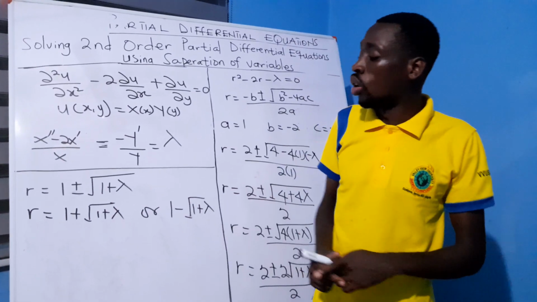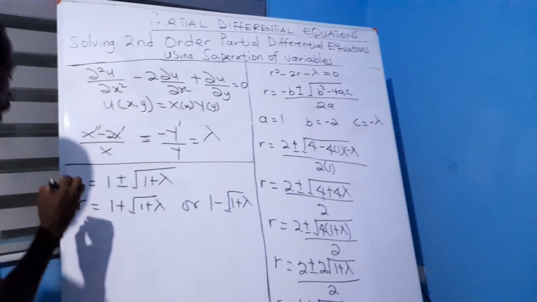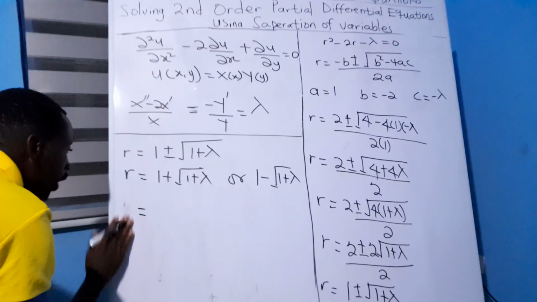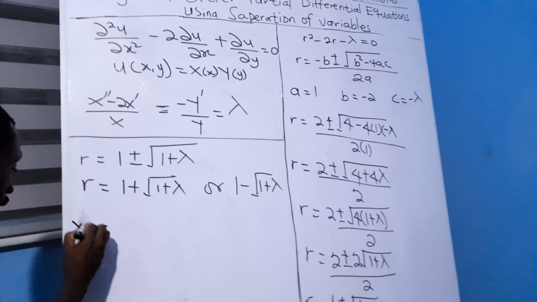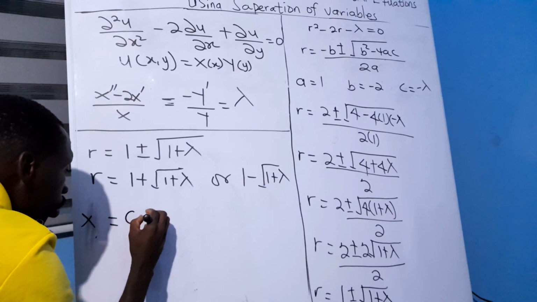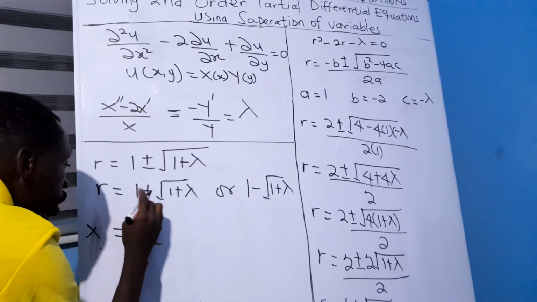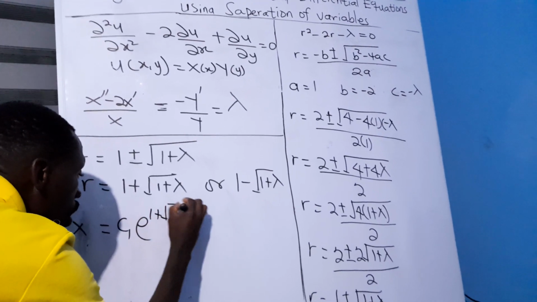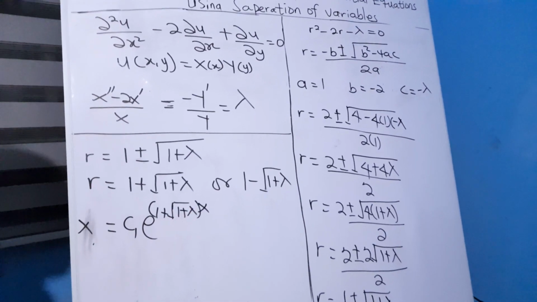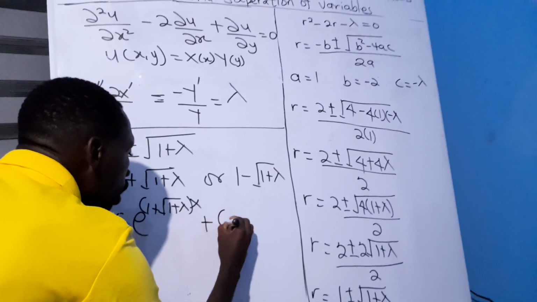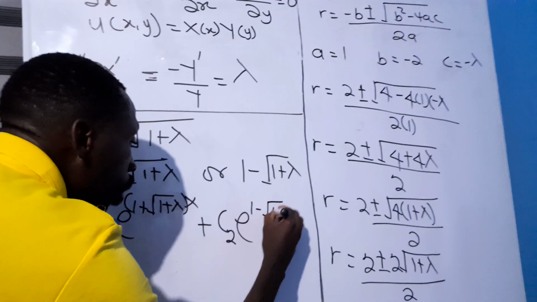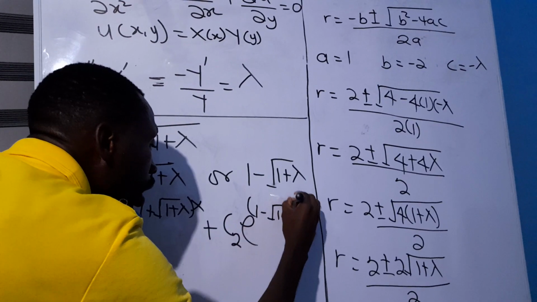Our complementary solution, since it's a function of x, will be equal to c1 e exponent 1 plus the square root of 1 plus lambda x, then plus c2 e exponent 1 minus the square root of 1 plus lambda x.